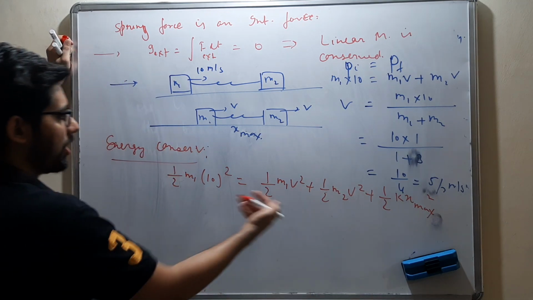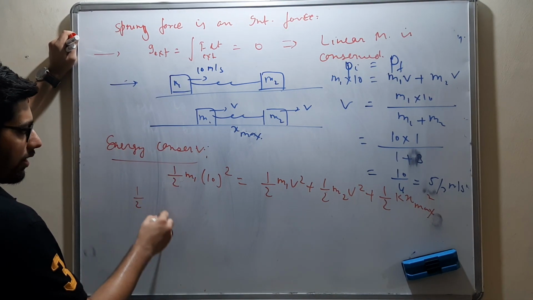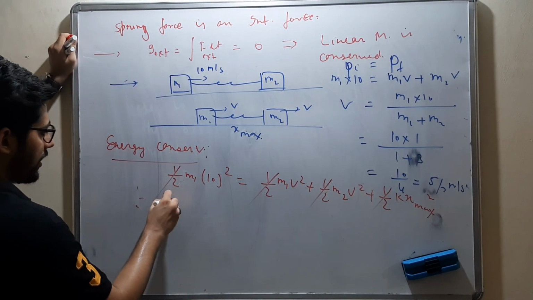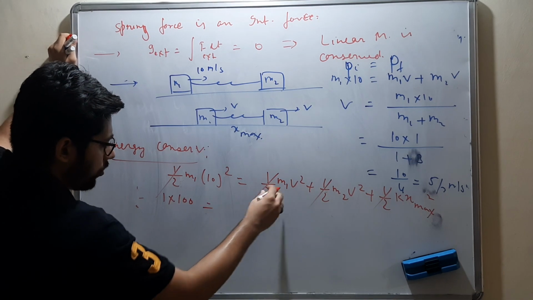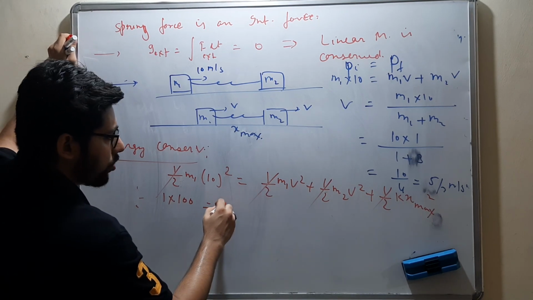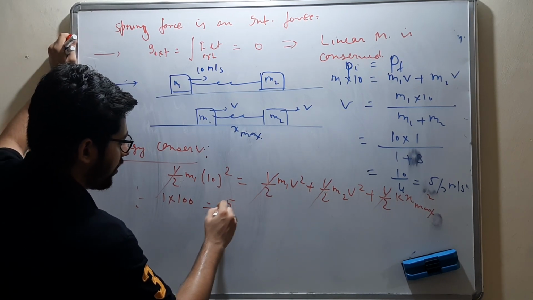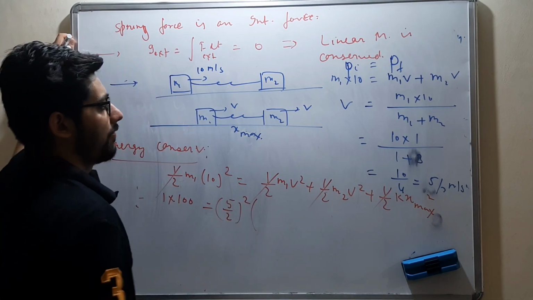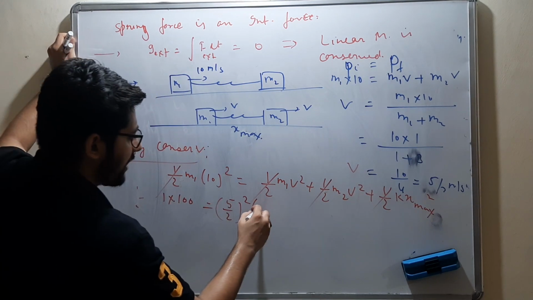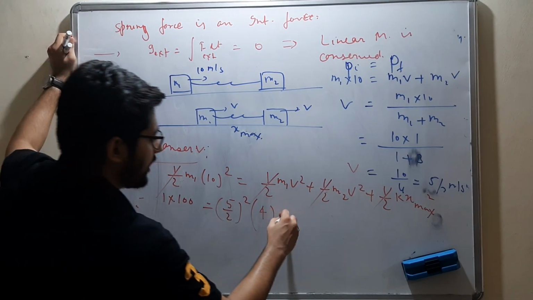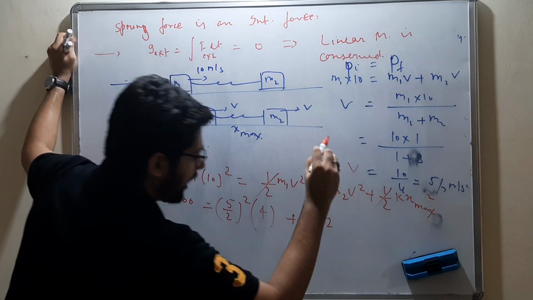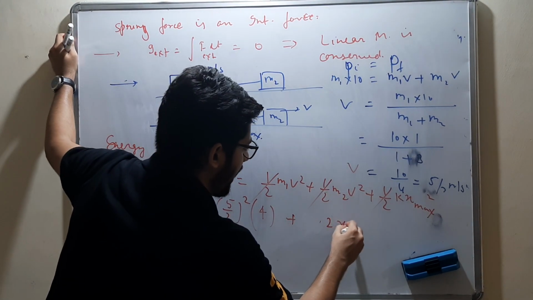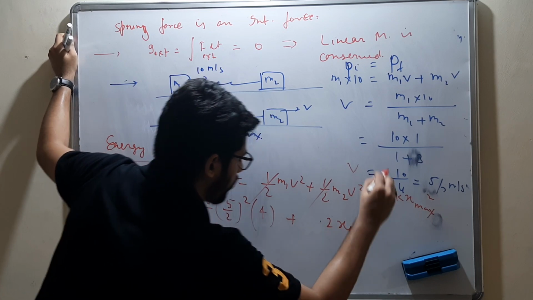Both have to be the same. Cancelling the half, 1 into 100 equals (5 by 2) whole square into (m1 plus m2, which is 4), plus k, which is 2, into x max square.